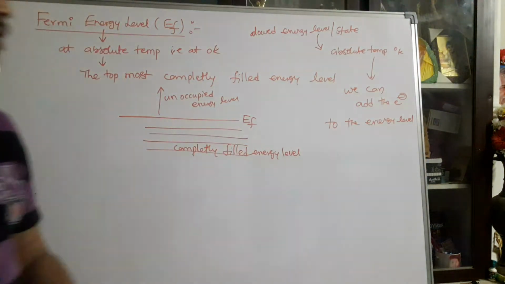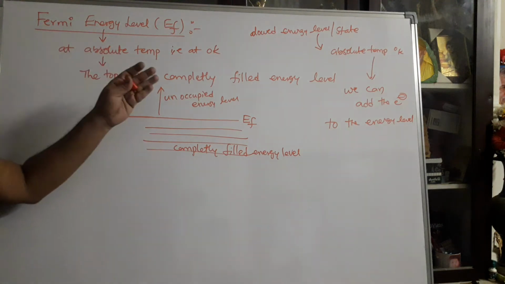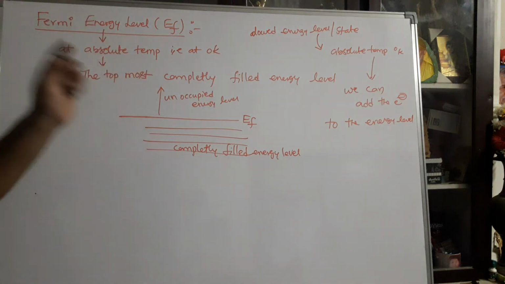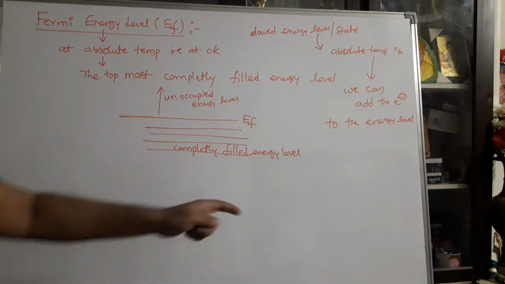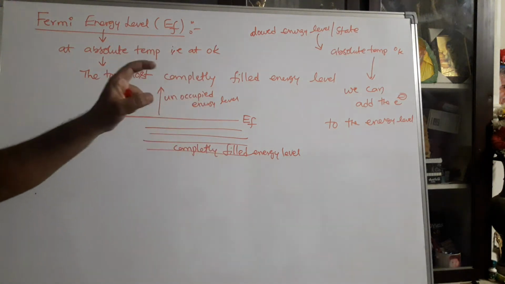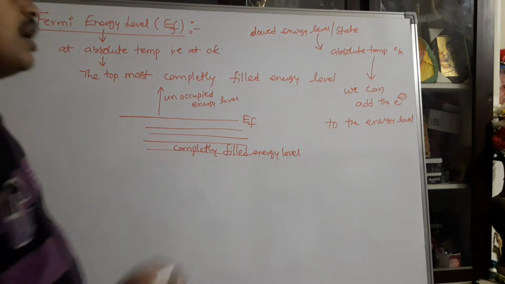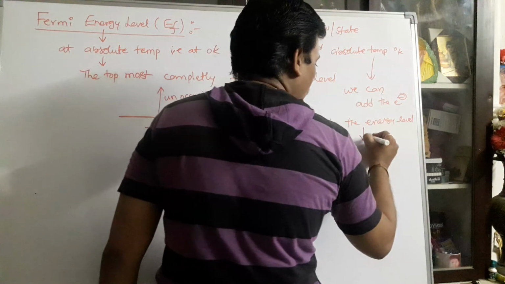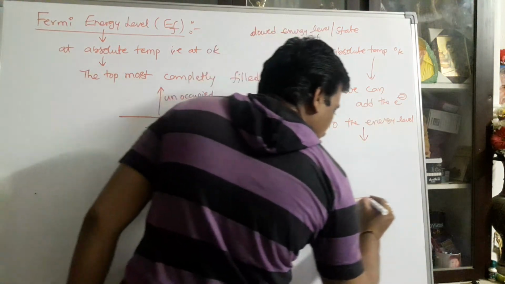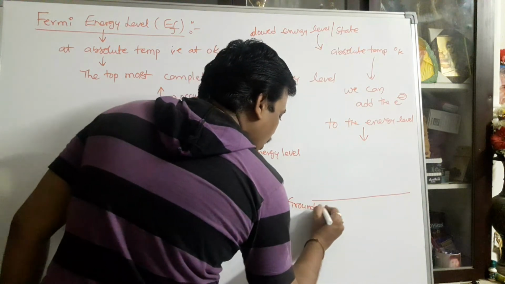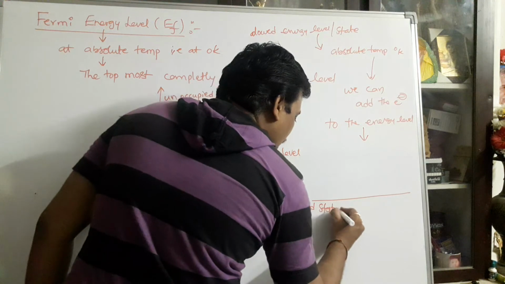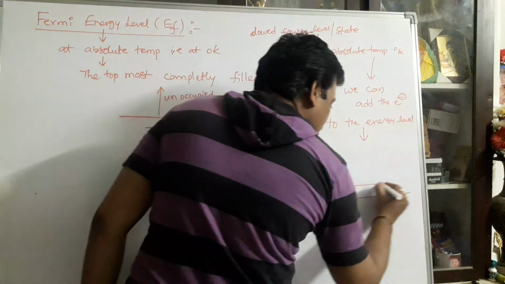So at absolute temperature you can assume the allowed energy levels, and at that condition you can add the electrons to the energy levels. At this condition all electrons first fill the ground state, and after that the next excited state.